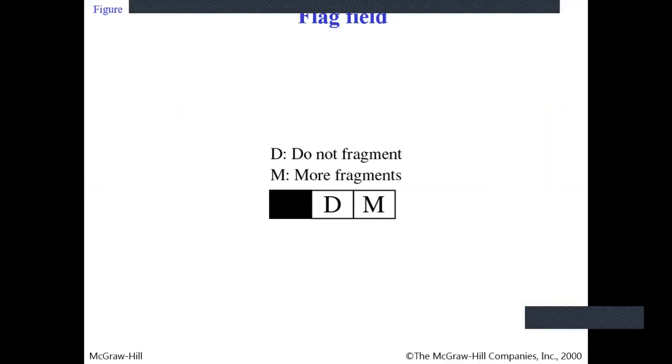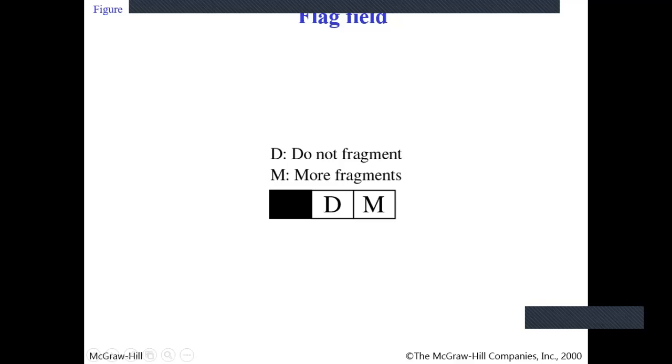Come to that particular slide. Of these three bits, the first bit is unused, and the second bit of the flag field is the D bit, which is known as do not fragment. Clear? D stands for do not fragment. M stands for more fragment.